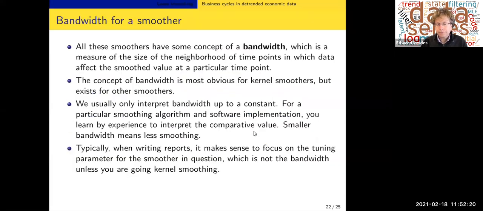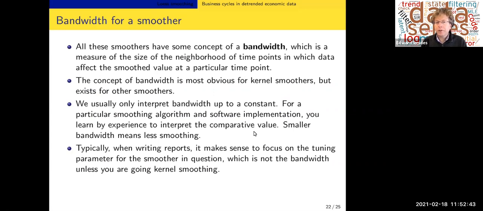So when you have a smoother, there's always some smoothing parameter, and often that's called a bandwidth. The bandwidth measures the size of the neighborhood of time points that is used to estimate the smooth value at some particular target time point.